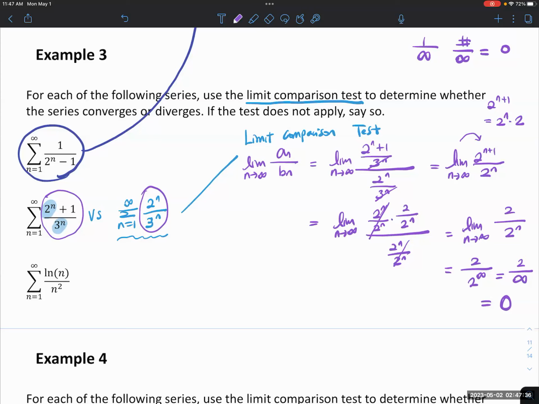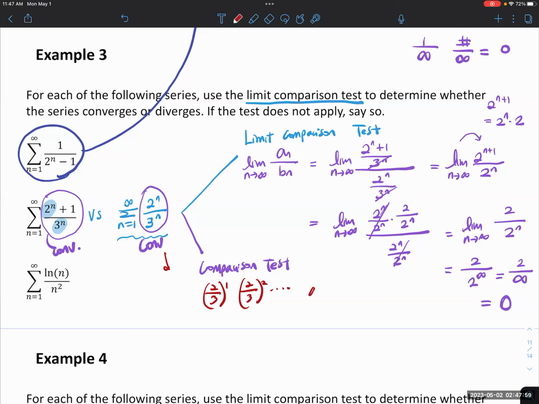So you can prove that this converges. This is also a convergence. If you don't like the limit comparison test, that's okay. You can just use the general comparison test, right? We know this is geometric because of 2 over 3 to the n.